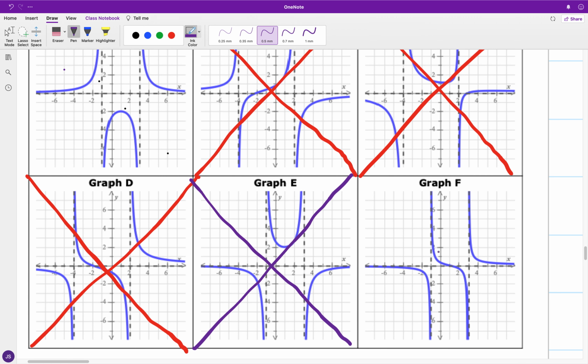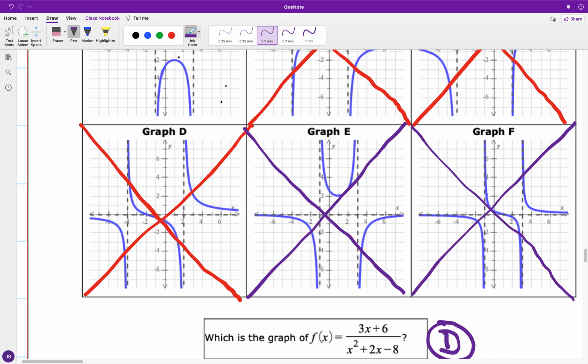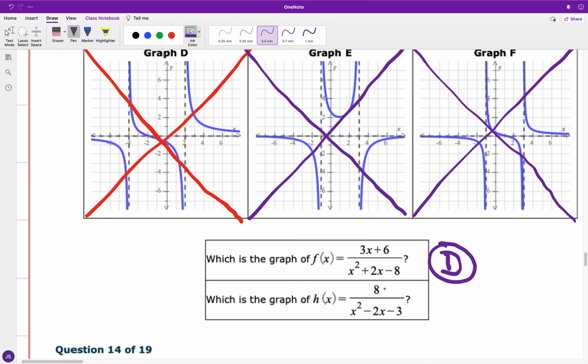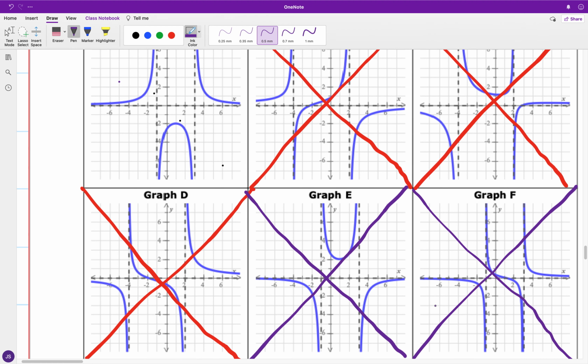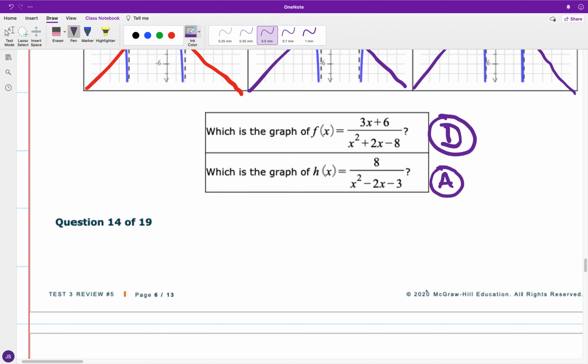For F, that y-intercept is above the x-axis, and we want the y value of the y-intercept to be negative, and that is the only one here. So for h of x equal to 8 over x squared minus 2x minus 3, out of all the graphs that might possibly represent this function, that is going to be choice A. So D is in reference to f of x, and A will be in reference to h of x.